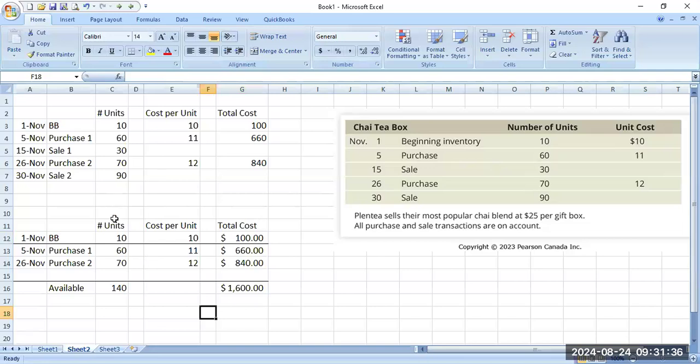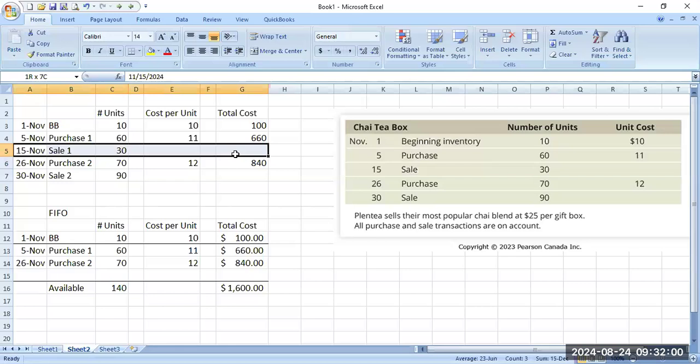But now I'm using first in, first out. What does that mean to me? That every time I have a sale, I'm going to sell the first units that I have available until my sales are done. So how many sales do I have? I have one sale on November 15th, and another sale on November 30th.